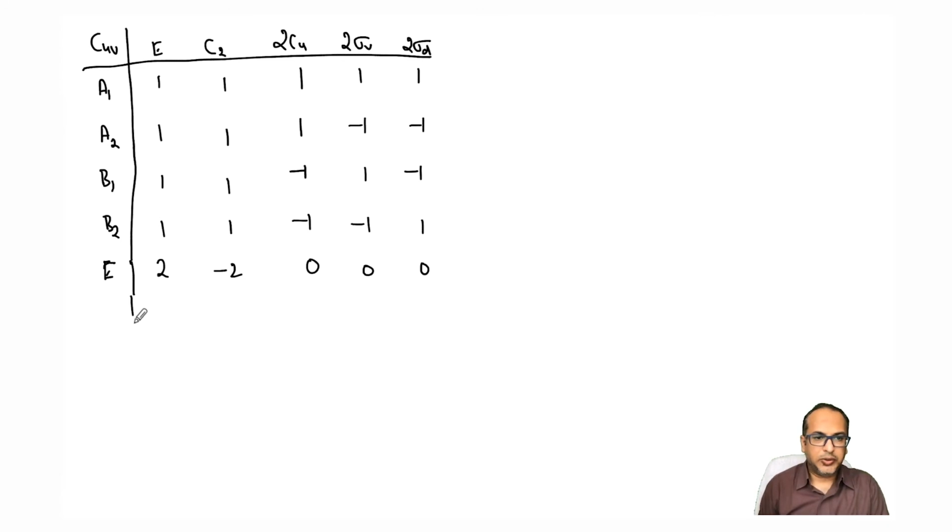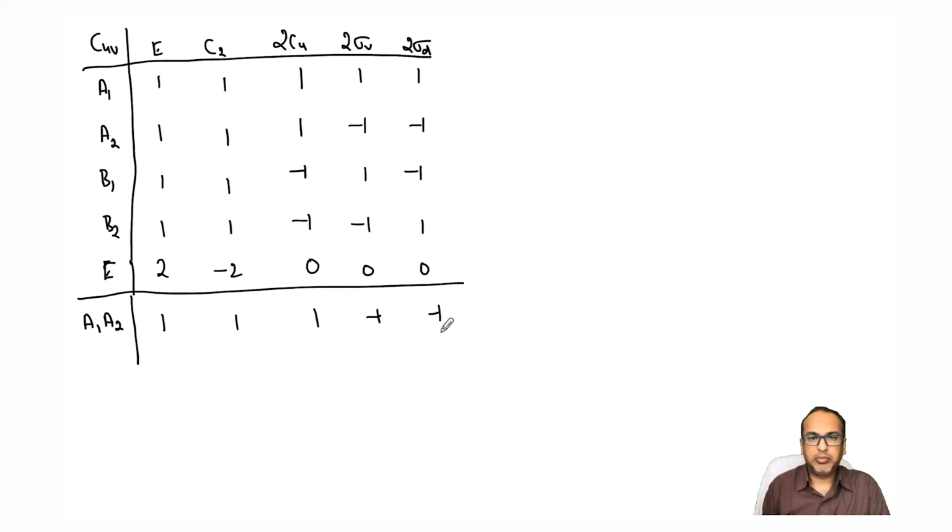So now let's say we take a representation where we have the direct product of A1 and A2. So we can write down the product of the two traces, and we will get 1, 1, 1, minus 1, minus 1. Let's take another example.